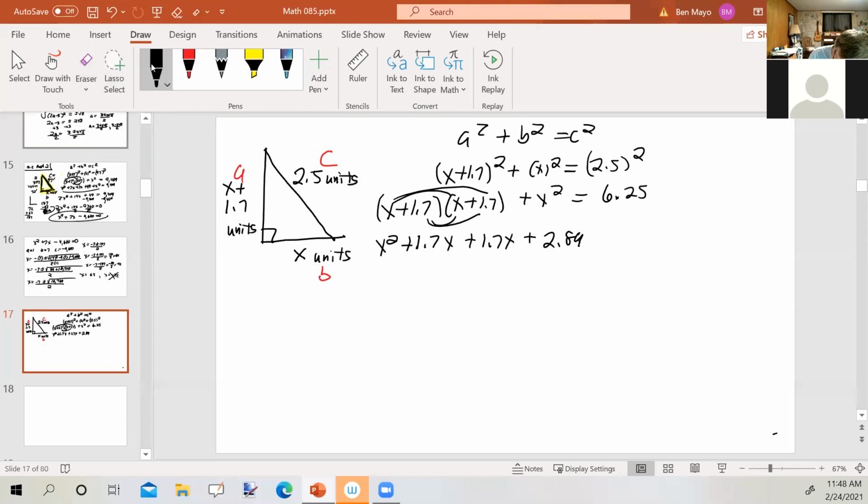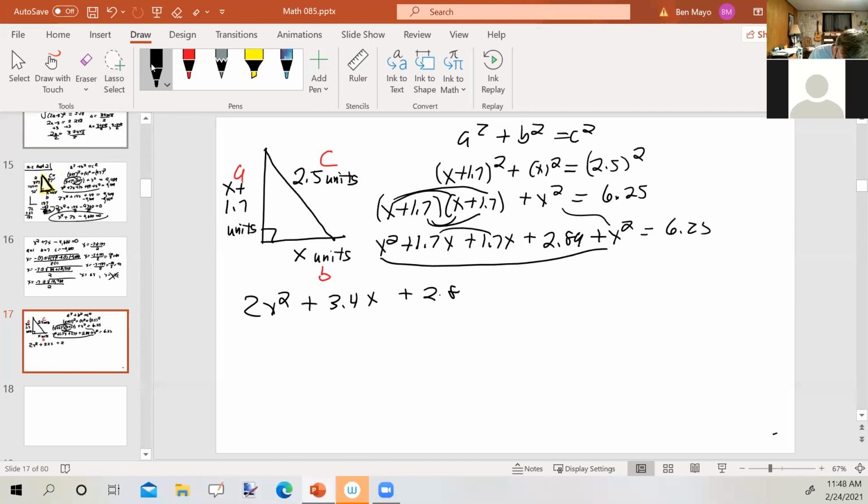Slow down. Plus x squared equals 6.25. I forgot to bring that one down. Now, combining like terms, we get 2x squared plus 3.4x plus 2.89 equals 6.25.